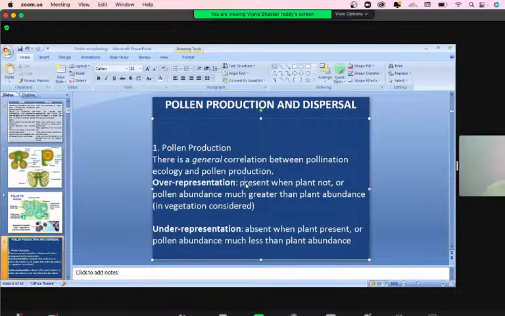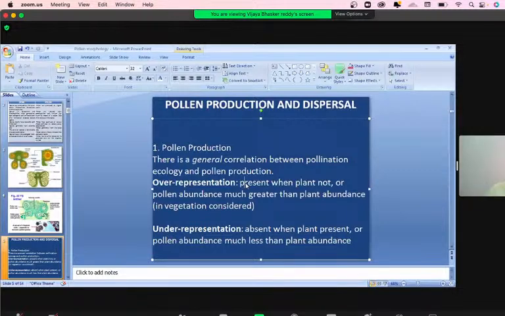Over-representation is when a plant is not there, yet pollen abundance can be seen in that area, because somewhere else the plant is present and produces a huge amount of pollen, which the wind or some other agent has carried to the area. Such pollen grains are called over-representation of pollen grains.